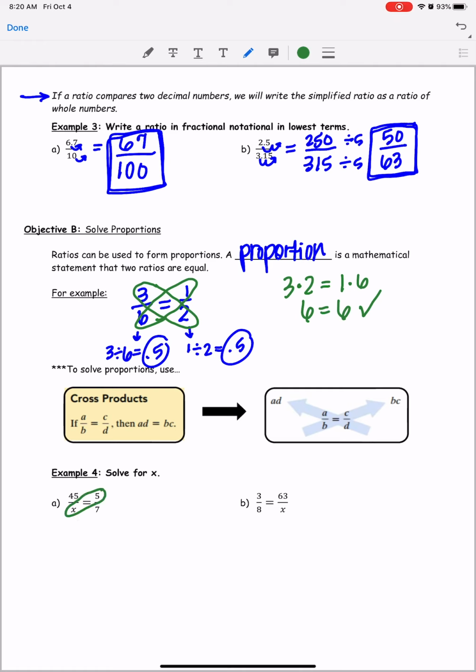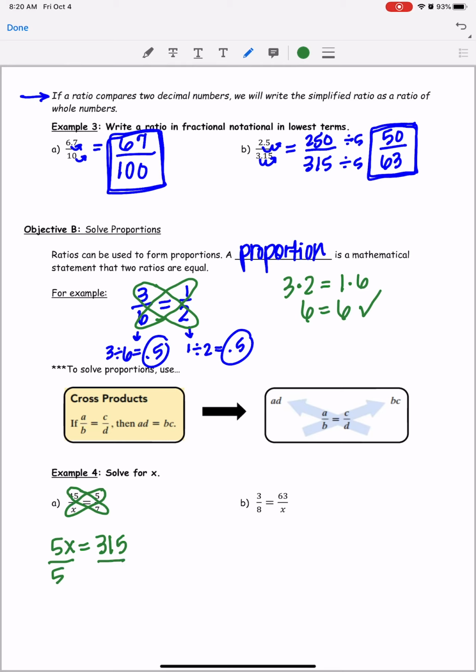I like to cross multiply with that x. So x times 5 is 5x. Cross multiply the other way. 45 times 7, use your calculator. We get 315. Now solve for x.